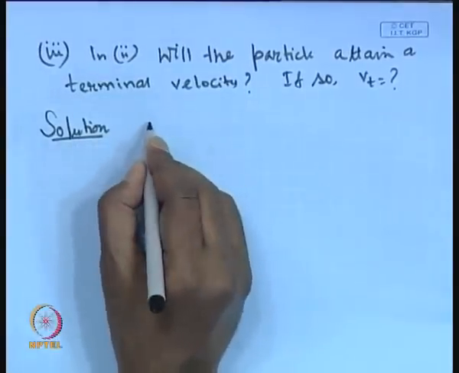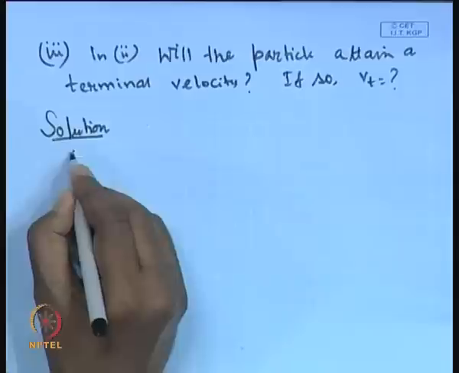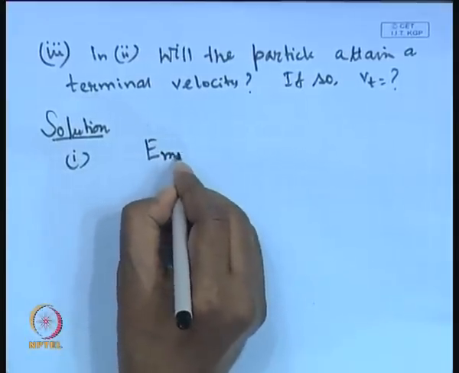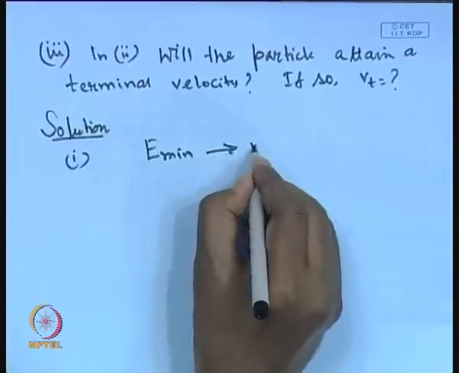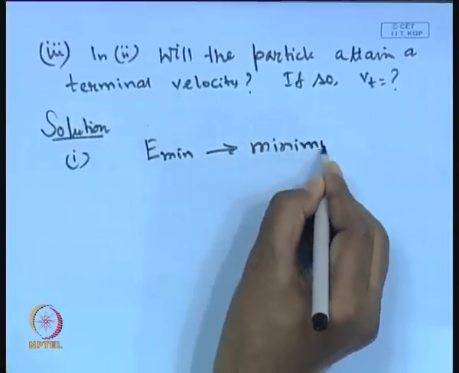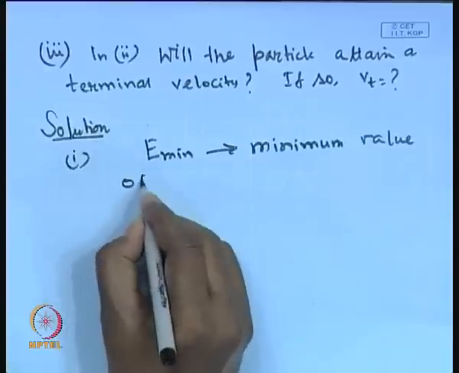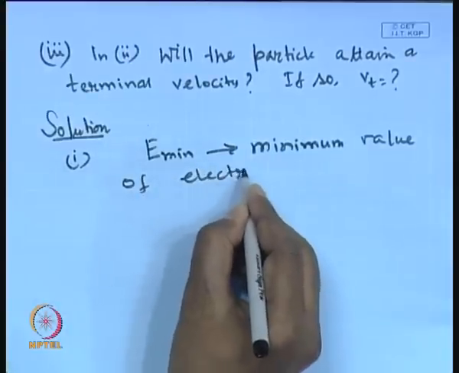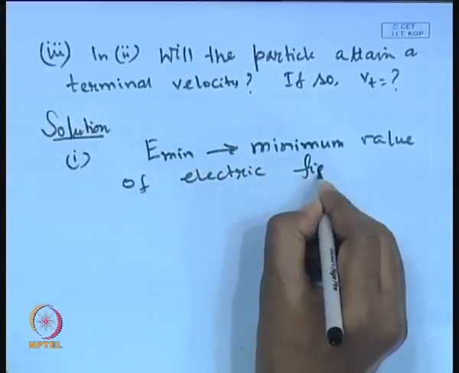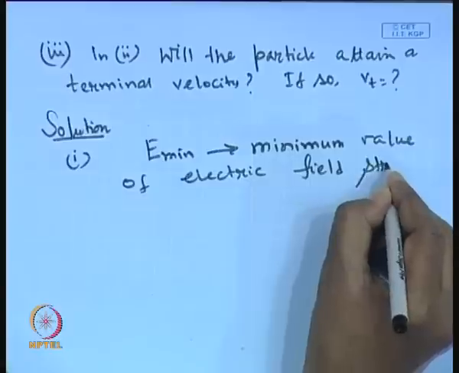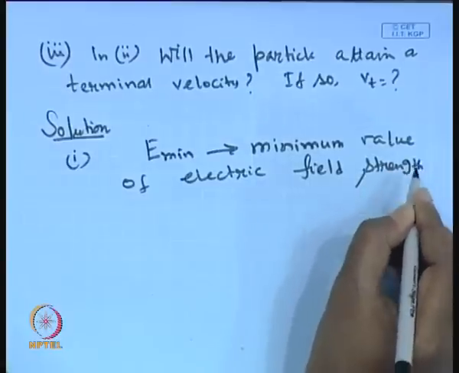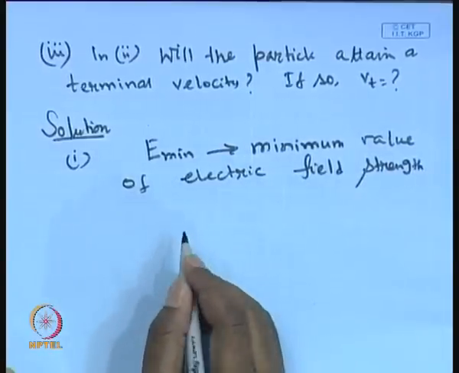Let us say the minimum value of field strength is E minimum. E min is the minimum value of electric field strength.